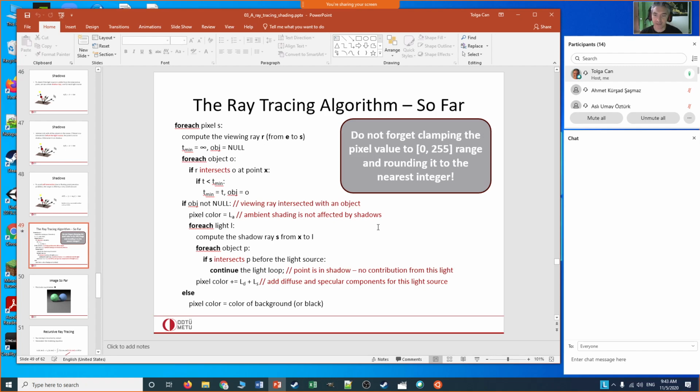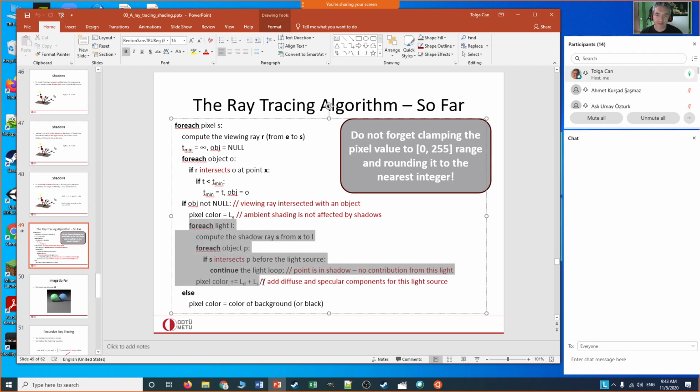And for every light source, this is what we have here. As you can see, before we go over every light source, the pixel color is initialized to the ambient color. This ambient component is the ambient color's intensity multiplied by the ambient reflectance coefficient of the surface.